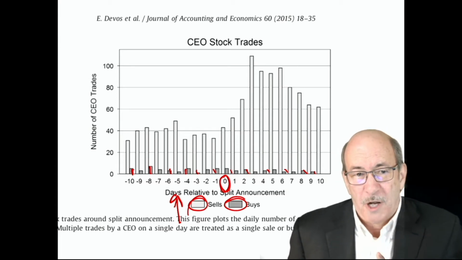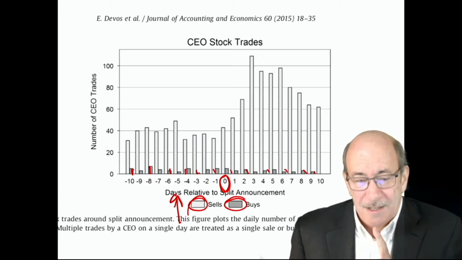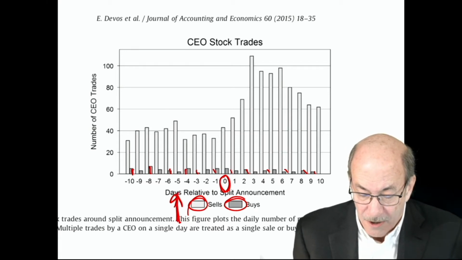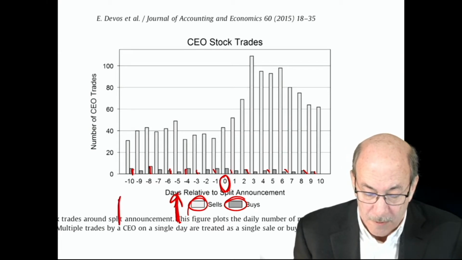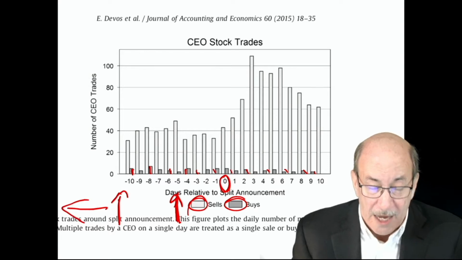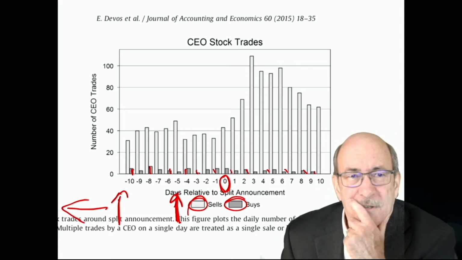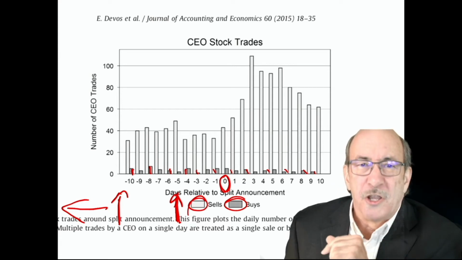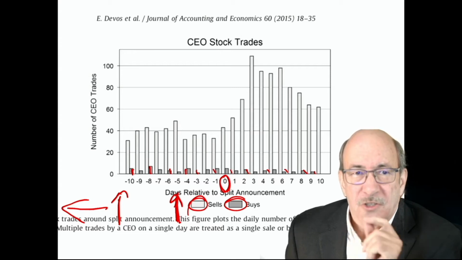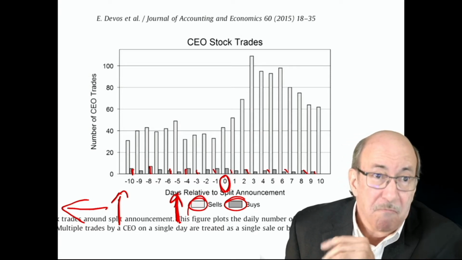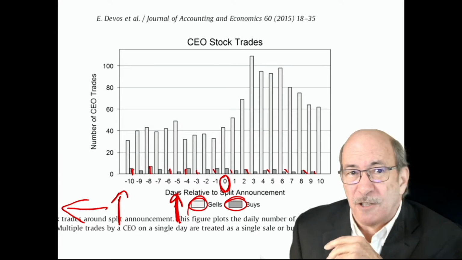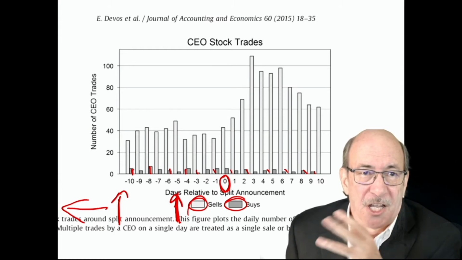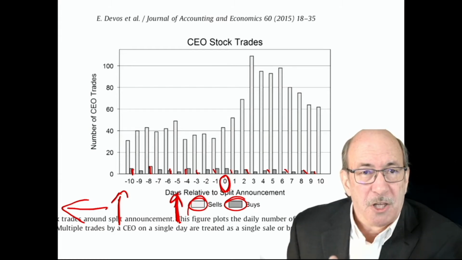The pattern that I want to point out to you, though, is that back here, or maybe even further back, or maybe even way back here, the executives knew something that you and I did not know. And that is that more than likely the board is going to approve the stock split. Why? Well, because we've had stock splits for the last 5 or 10 years. And they typically approve them.